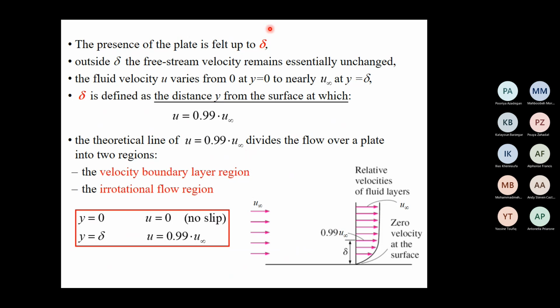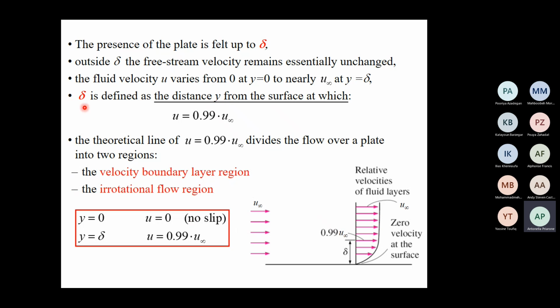Okay, I call delta. Delta is the thickness of a boundary layer. Outside this delta, for y bigger than delta, I consider that the velocity is unchanged, is u infinite. For y equal to 0, the velocity is equal to 0, I have no slip condition.